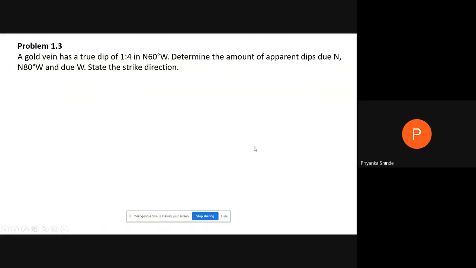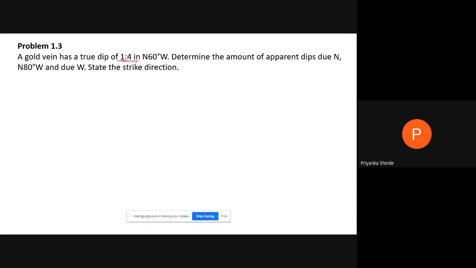First problem. Then 1.2 you can solve on your own. Now I'll solve 1.3. So 1.3, what is given? Just see, there is a gold vein which has a true dip of 1:4.